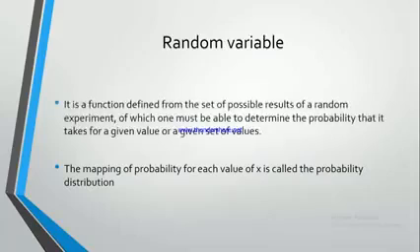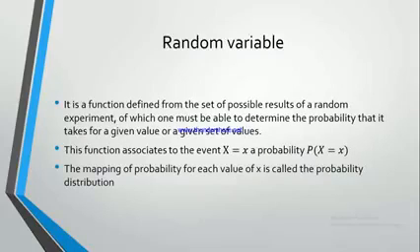So now we have to explain the final part of probability, which is random variable. A random variable is a function defined from the set of possible results of a random experiment, of which one must be able to determine the probability that it takes a given value or a given set of values.